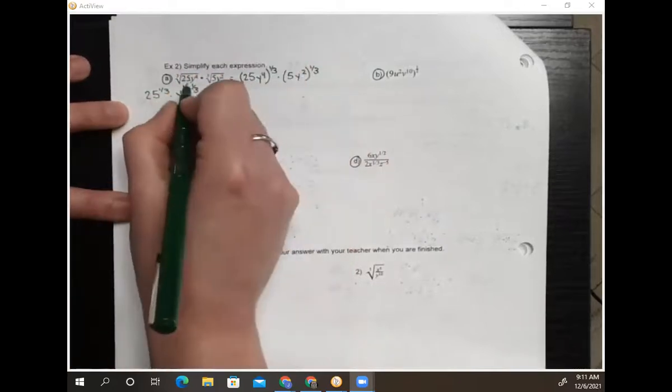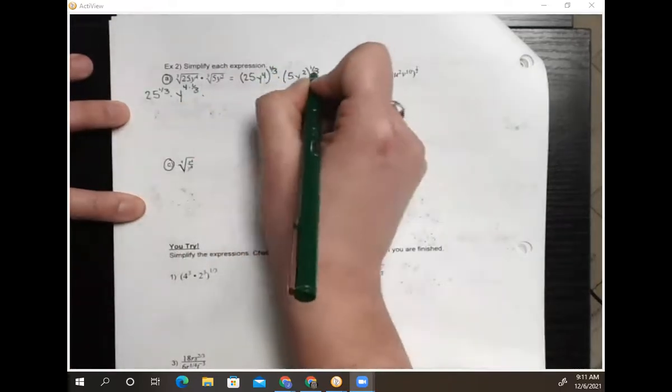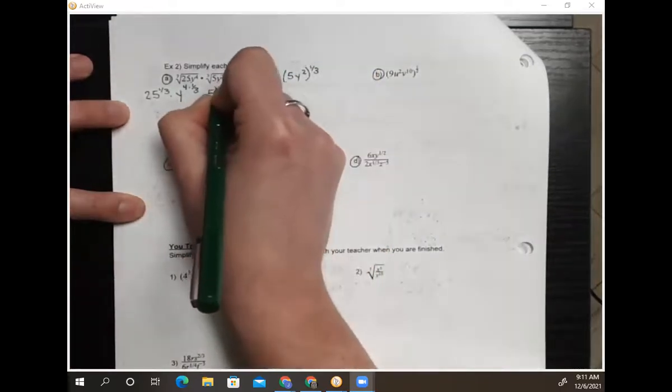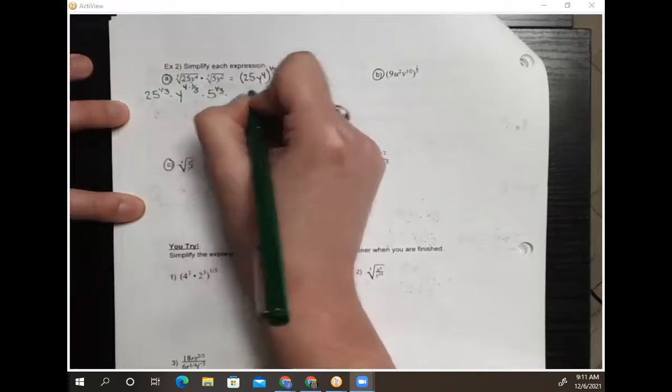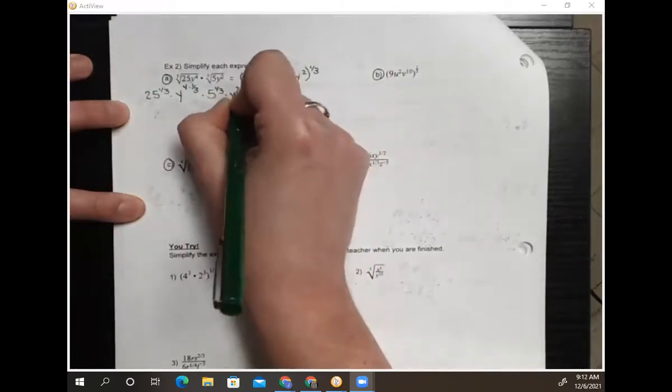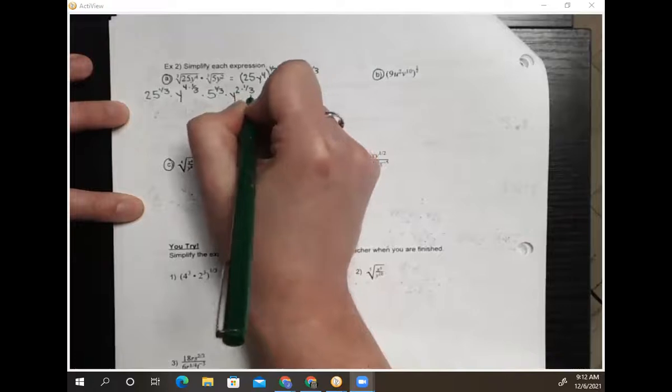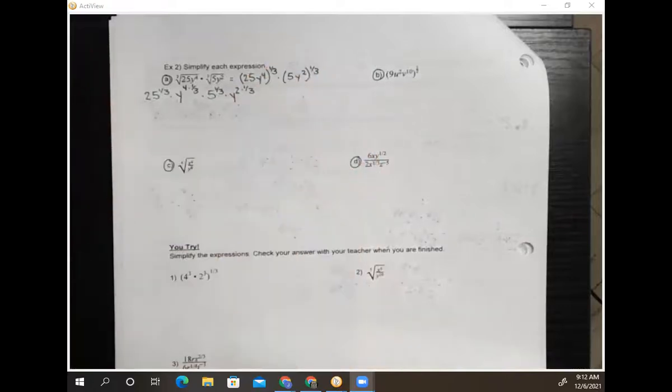Remember, power to a power, we multiply. And I'll come back and simplify that in a minute. And then I would have 5 to the 1/3 power. And then I've got y squared to the 1/3 power. Power to a power, I multiply. And again, I'll come back and simplify those exponents here in just a second.